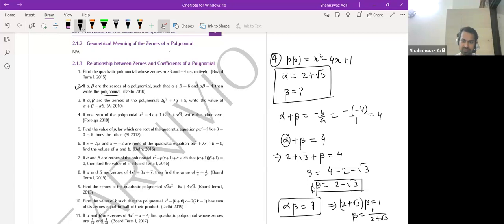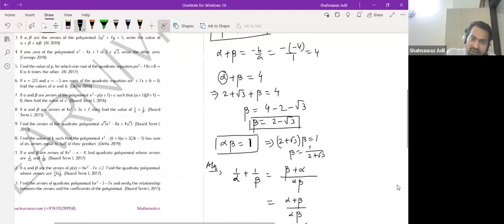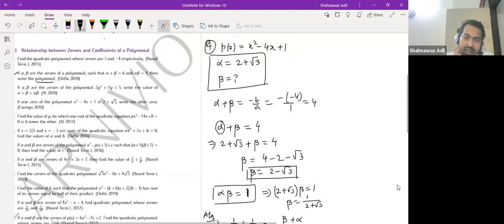No, sir. Okay. So I told you guys, you will do the reciprocal? No, we can't do the reciprocal, right? Beta is 1 by 2 plus root 3. If I take the reciprocal, then I have to take the other side also, right?